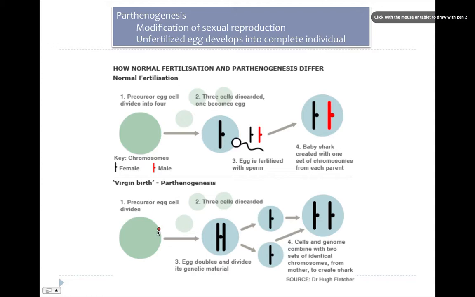In parthenogenesis, the egg, instead of dividing out and losing half its genetic content, will double and then divide its genetic material into two cells, which we didn't see before with sexual reproduction. So these two cells then combine and the genetic content comes back together to give it enough of a genome to produce a viable offspring.